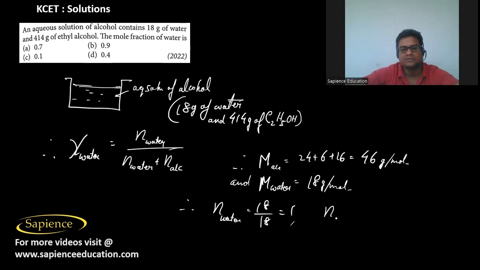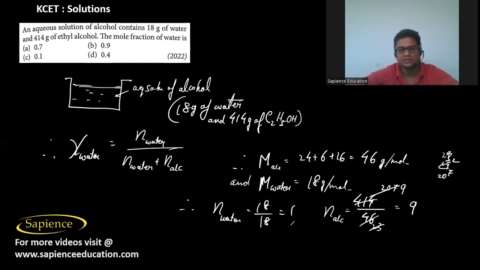The number of moles of ethyl alcohol is 414 gram divided by 46, which is 9, since 23 nines are 207.